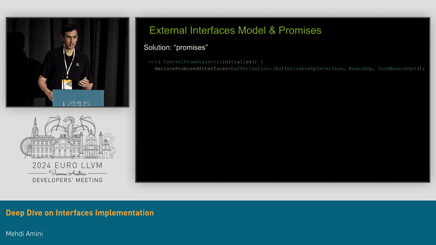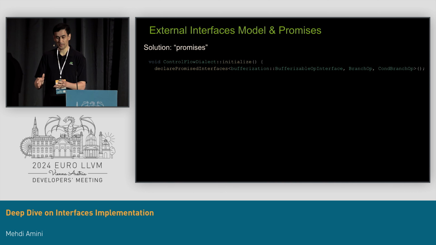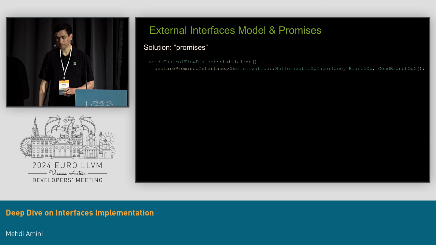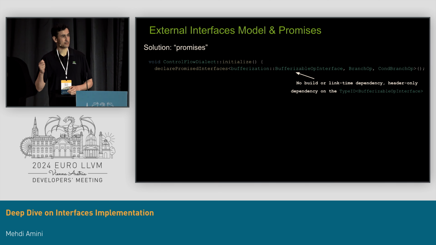So the solution to this foot gun is what we call promises. When we initialize the dialect, we declare a promise. We promise that those operations will implement this bufferization interface, but we don't provide the implementation, to keep the decoupling. So what we do is poison this map in the context that contains the table pointer, this structure of function pointers.